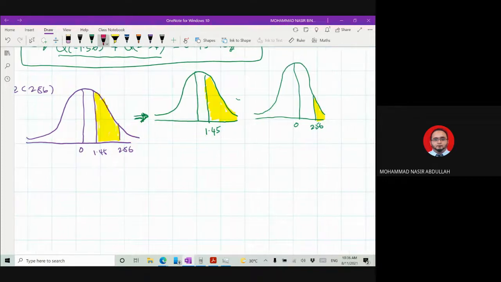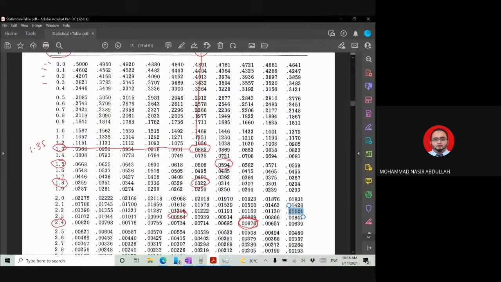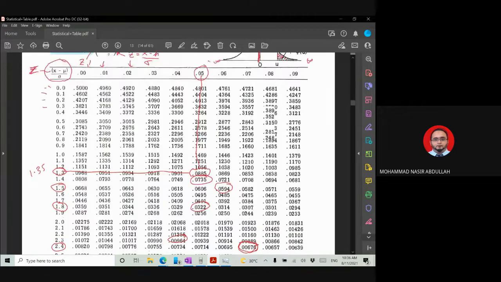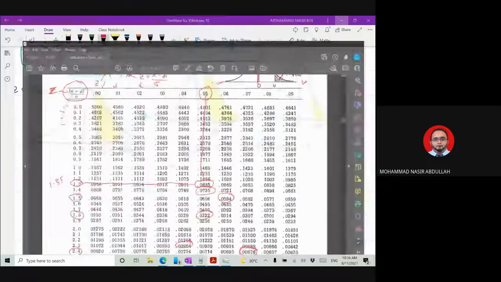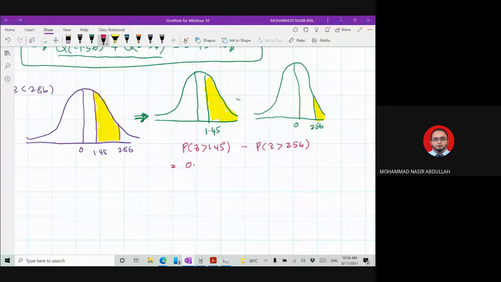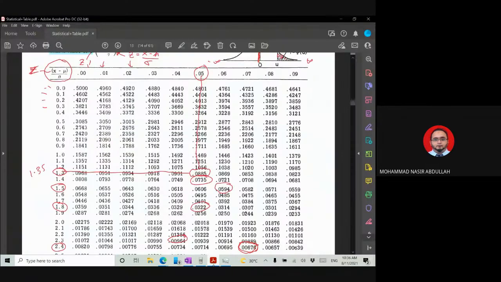So now, by looking at the statistical table, probability of Z more than 1.45 minus probability of Z more than 2.56. So 1.45 should be somewhere here, which is 0.0735, is it? Yes.